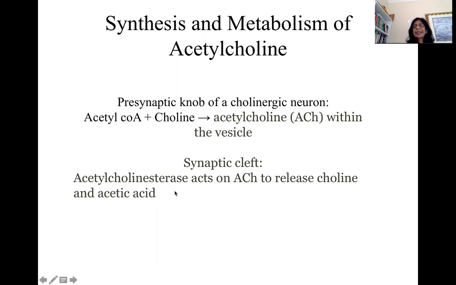All right, we could take a look at pathological situations where you do not have a sufficient amount of acetylcholine esterase released. In this case, you would have acetylcholine remaining in the synaptic cleft and activating the muscle fiber more than normal, and then that leads to spastic paralysis.